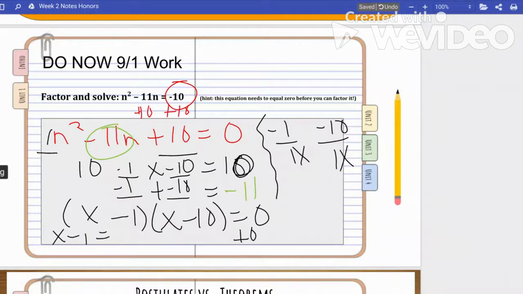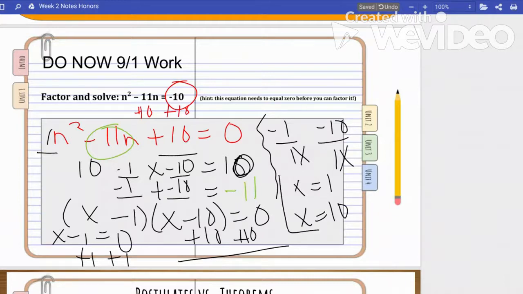So x minus 1 equals 0, add 1 to both sides, we get x equals 1, and then over here, x minus 10 equals 0, we add 10 to both sides, we get x equals 10. If I'm really trying to impress my Algebra 1 teacher, I'd write x equals squiggly brackets 1 comma 10. That's where this quadratic crosses the x-axis on the graph.